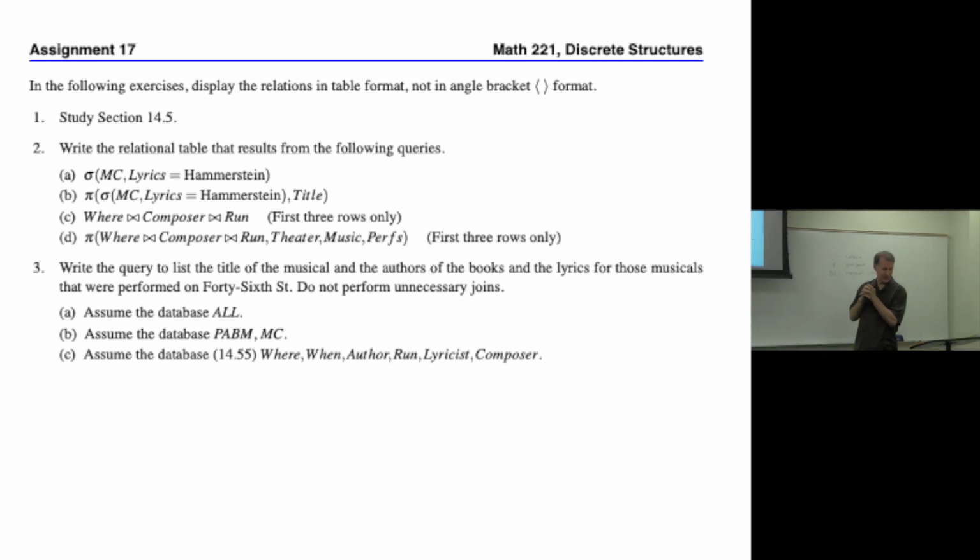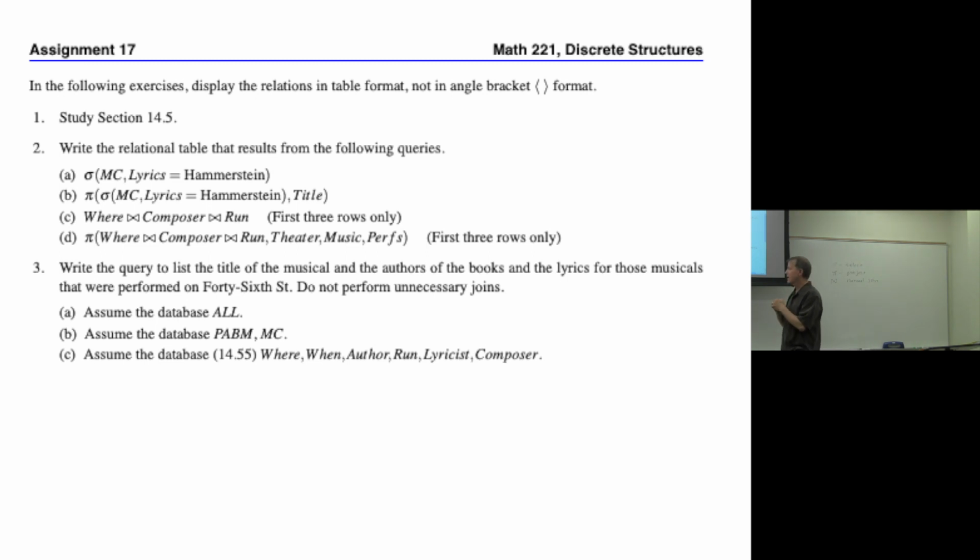So it would have title, theater, music, and performances. How many columns would there be here? There'd only be 3. There'd be no title, which is the difference between that and C. C would keep the title, and D would not have the title.